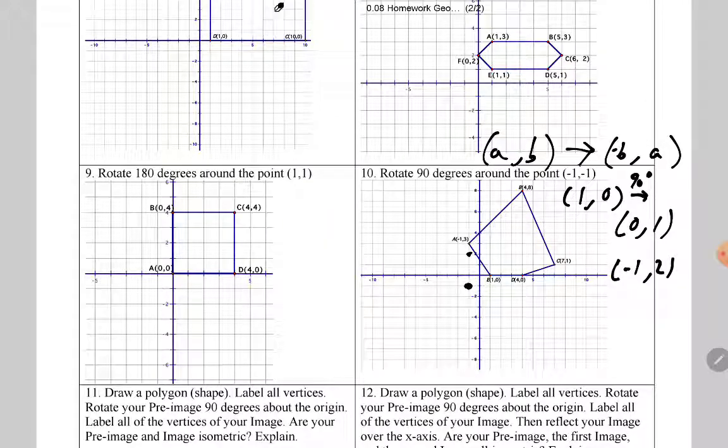I recommend creating a coordinate plane. Sorry, this would be 1 down, -1, 0. So -1, 0. And that would be our point. Okay, let's do... It's not in the same spot. No, it's not.